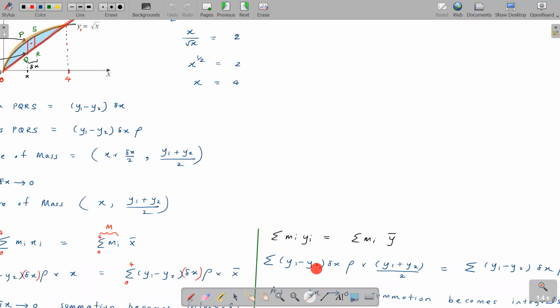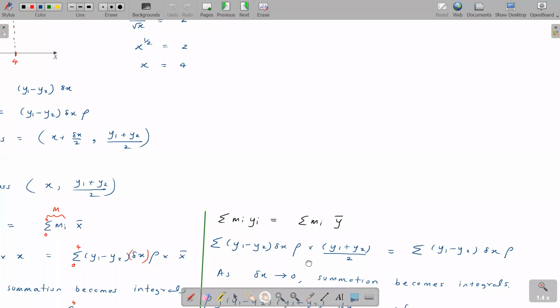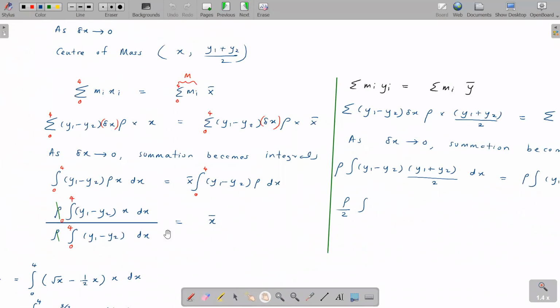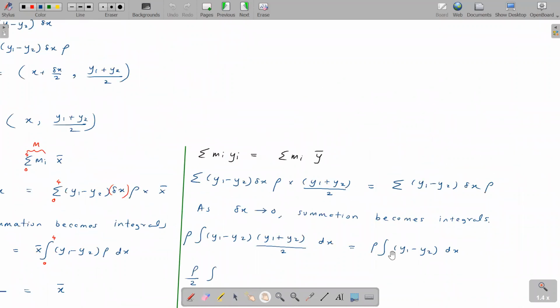Sigma mi yi. What about the y coordinate? The y coordinate of any rectangle is y1 plus y2 divided by 2. So sigma mi into yi equals total mass. You could use the total mass that you found previously, or we'll just go with this now and substitute that value later.